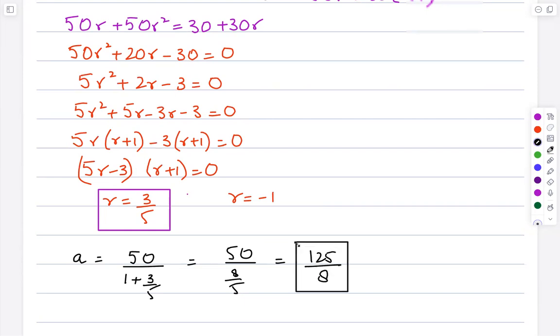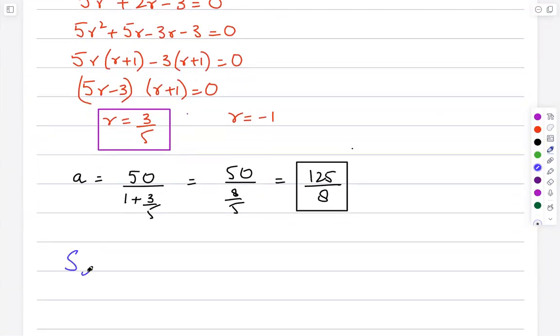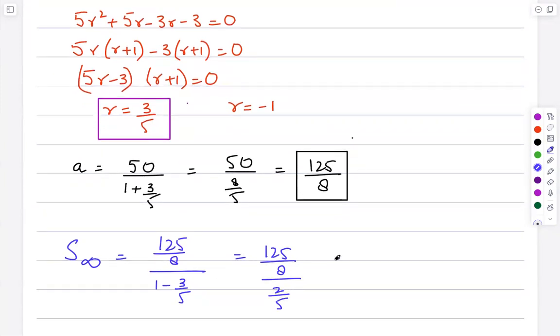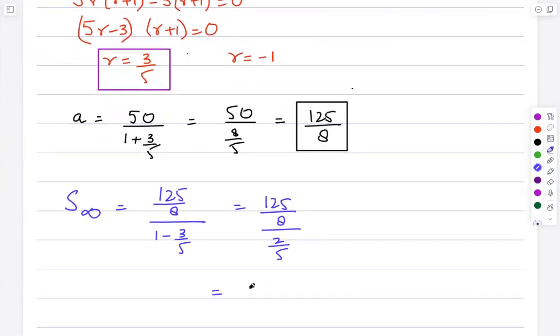Once we have the value of a and r, now we can apply it to the formula for the sum. So sum to infinity will be equal to a, which is 125 upon 8, divided by 1 minus r, which will be 1 minus 3 upon 5. Simplifying this, we'll get 125 upon 8 divided by 5 minus 3, which becomes 2 upon 5. Now, to simplify this fraction, we can directly substitute it into the calculator, or we can just write it as 125 upon 8 divided by 2 upon 5.